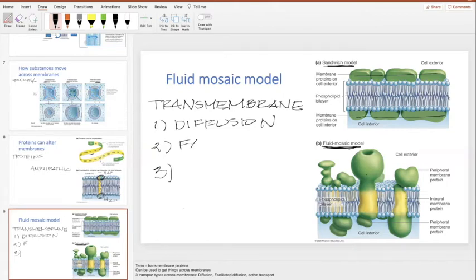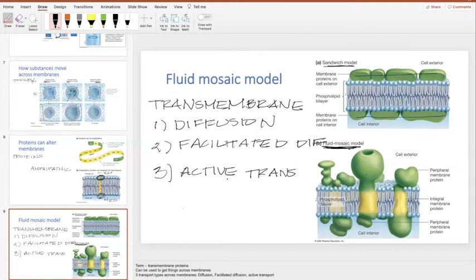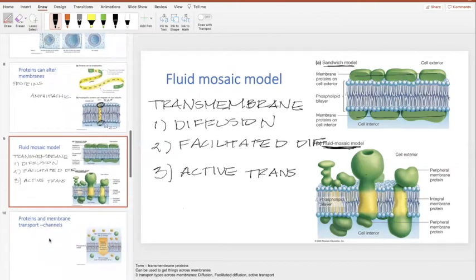Number 2 is something called facilitated diffusion. And number 3 is called active transport. Okay, so let's look at facilitated diffusion first.